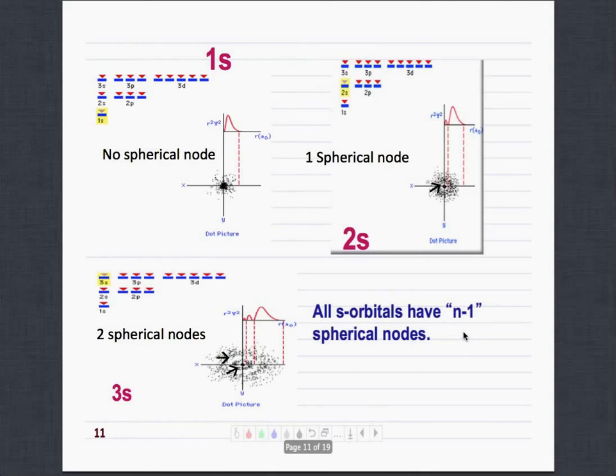For 3s, we have 3 minus 1, we have 2 spherical nodes. So for 4s, how many spherical nodes are you expecting? 3, and so on. And that applies for s, okay? Now, this is the first part of it, which are the spherical nodes for the s.